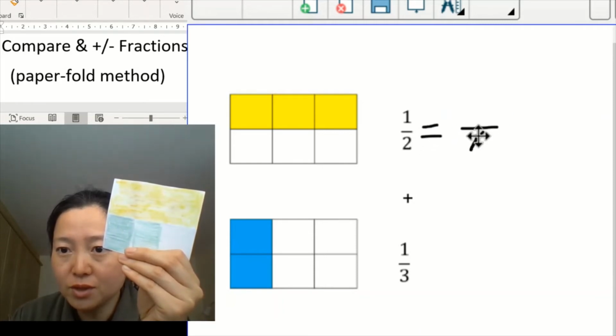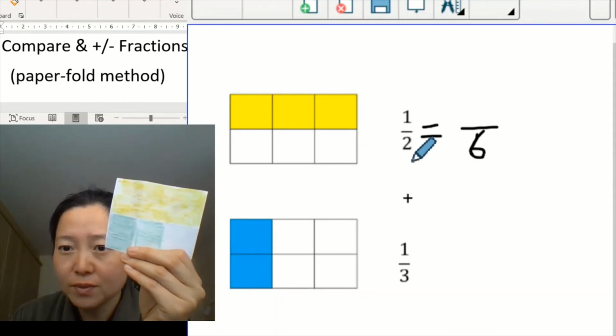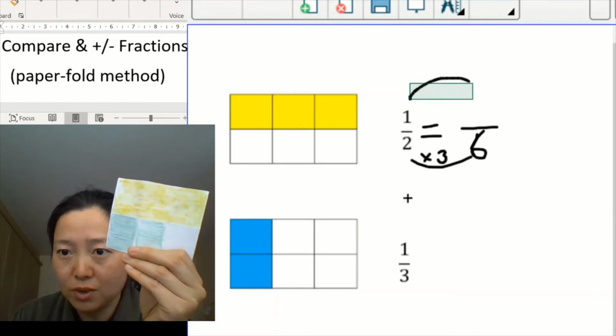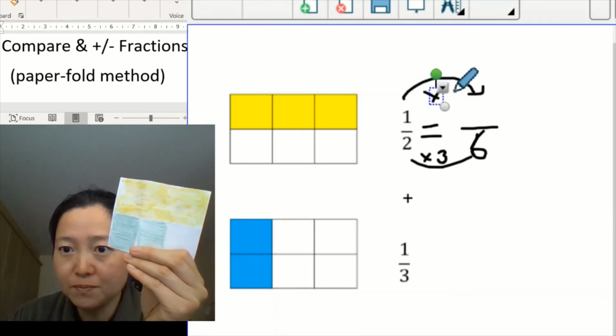So using our equivalent fraction knowledge, the denominator has multiplied by 3 to become 6. We have to do that same thing for the numerator. Therefore, our new fraction is 3/6.